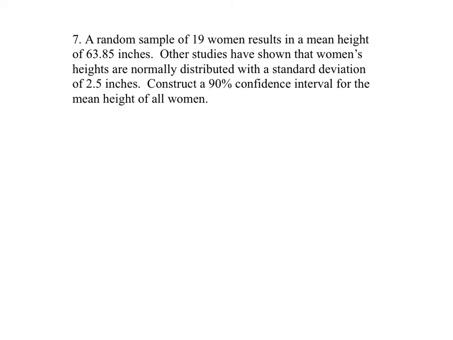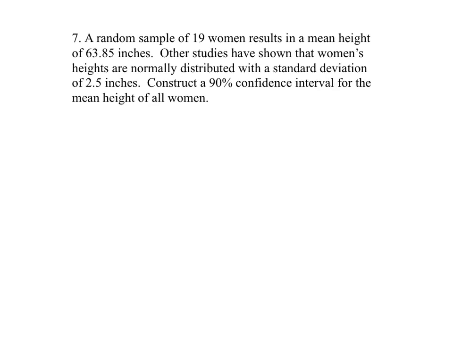Okay, number 7. A random sample of 19 women, so n is 19, results in a mean height of 63.85. So there's our x bar. Other studies have shown that women's heights are normally distributed with a standard deviation of 2.5 inches. Construct a 90% confidence interval. So here we're using a z-score because this standard deviation, based on previous studies, is in fact a population standard deviation.